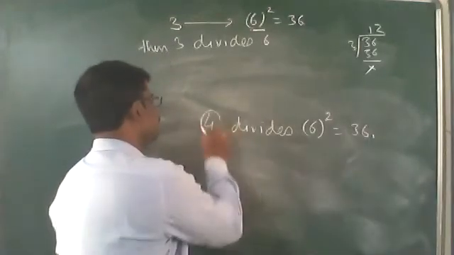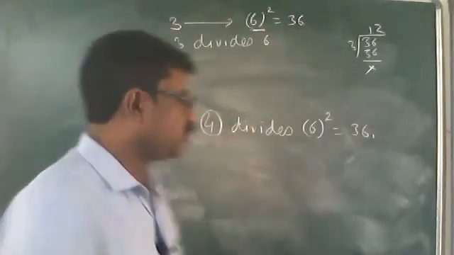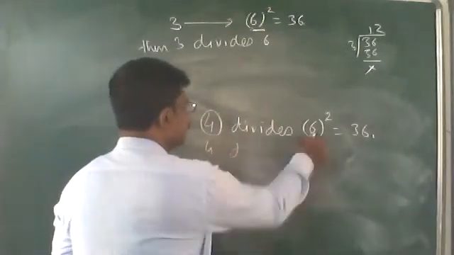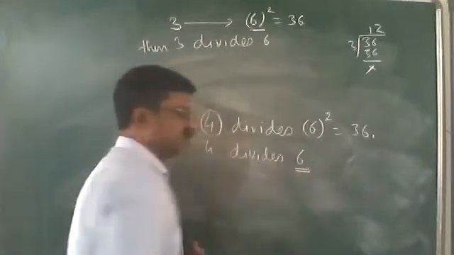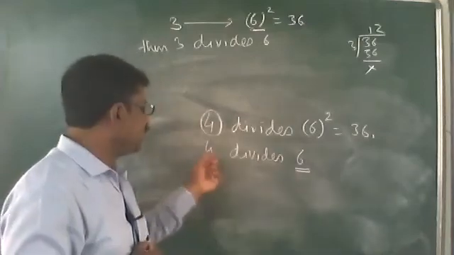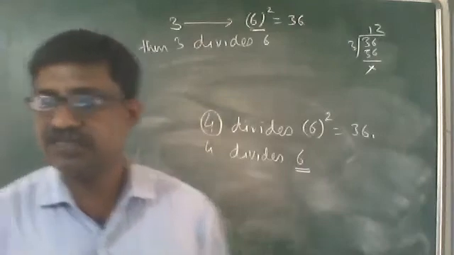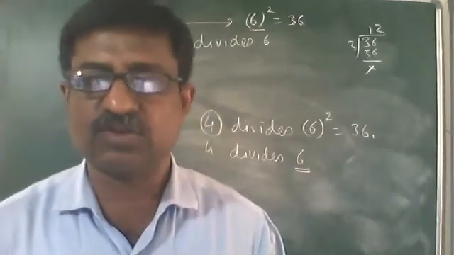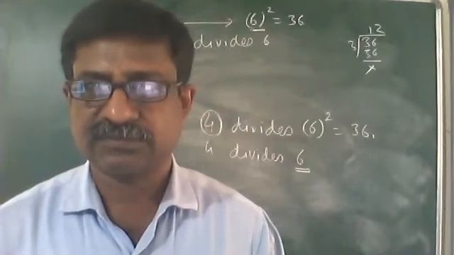But we have not taken a prime number, so it is not necessary that 4 divides 6. It is not necessary that 4 will also divide 6. That means it will be true only if it is a prime number. Otherwise it is not going to be correct. Clear?